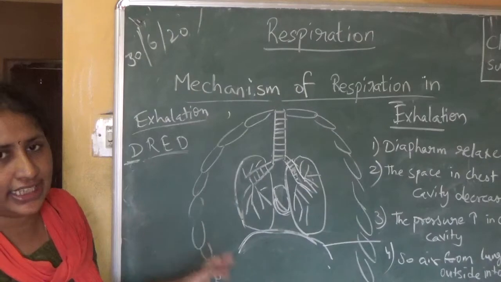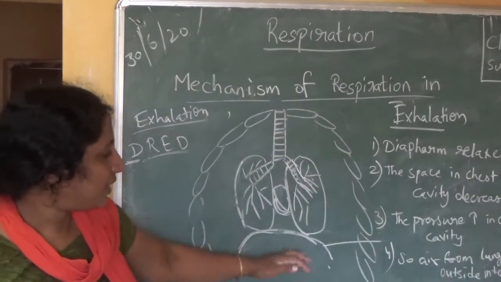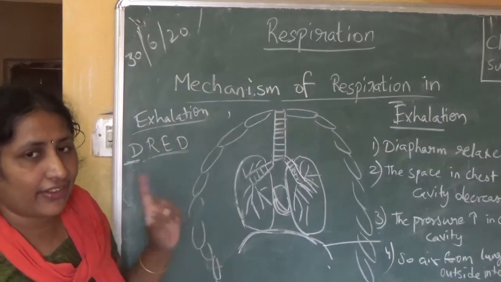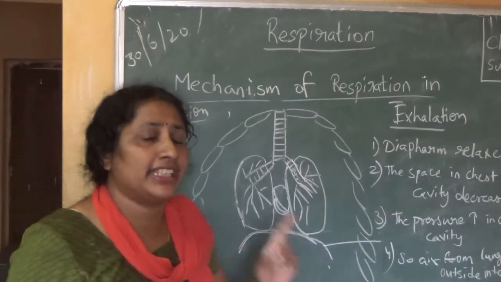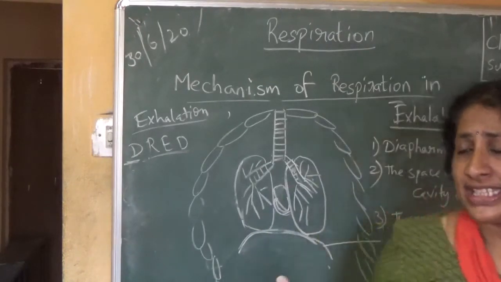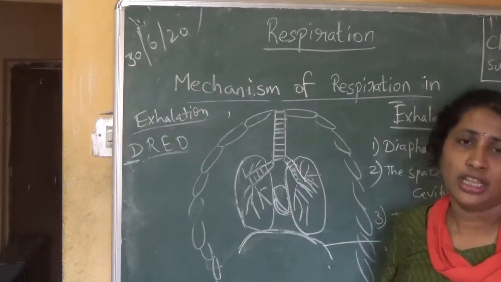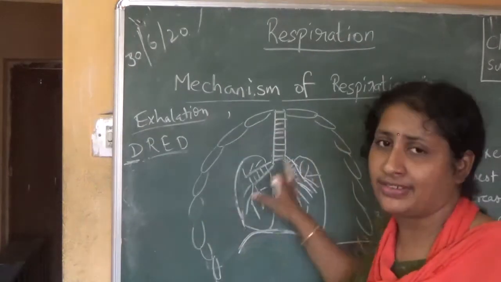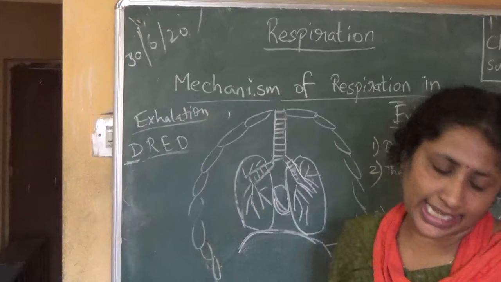That is inhalation. When the diaphragm is relaxed, the space in the chest cavity is decreasing. You should write this. So the pressure will be more in the lungs and the chest cavity, and so the air is sent out. Okay.